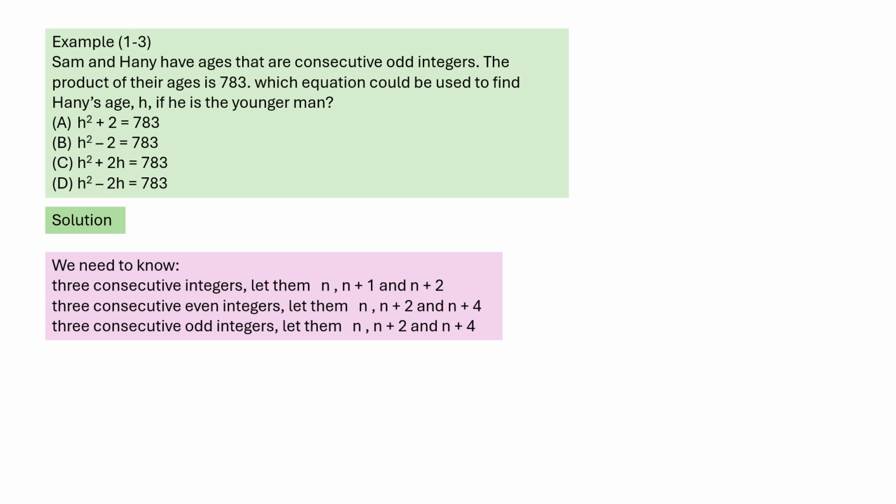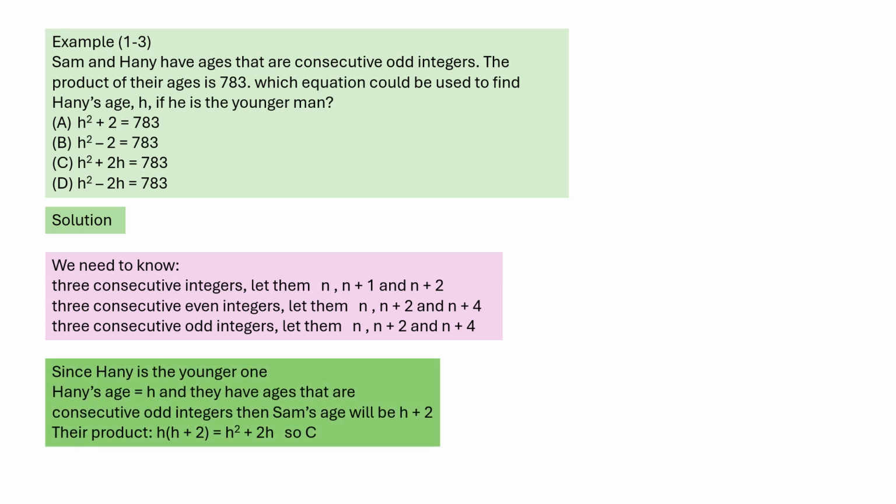For 3 consecutive odd integers, let them be n, n plus 2 and n plus 4, because also we add 2 each time. In our case, since Hani is the younger one, consider Hani's age as h. And they have ages that are consecutive odd integers, then Sam's age will be h plus 2.